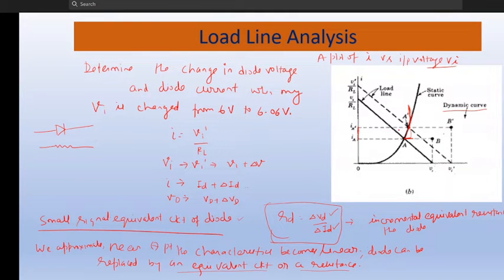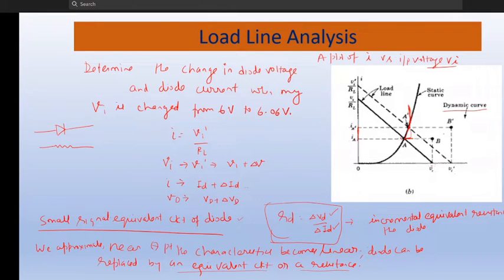There is a change in the input voltage, so the voltage across the diode will change, and the current flowing through the circuit will change, right? So we will find out the intercepts based on that, from the same equation that I told you in the previous class.